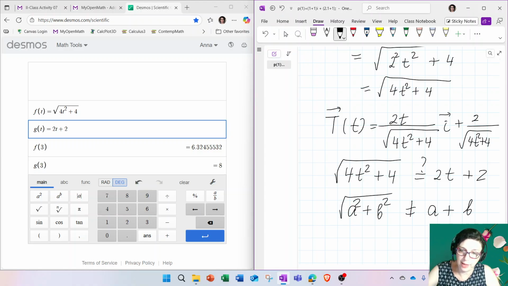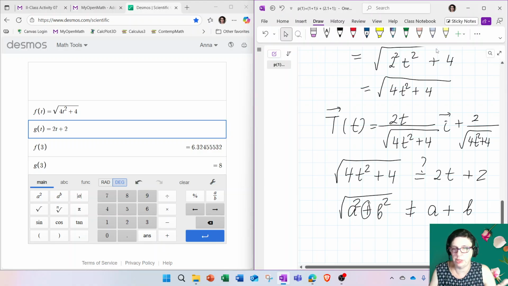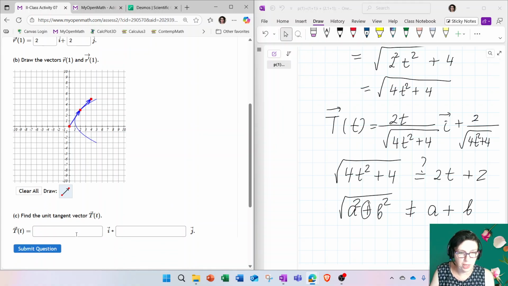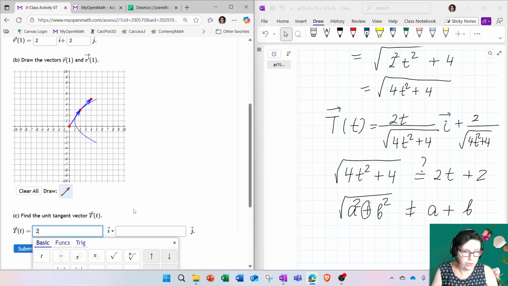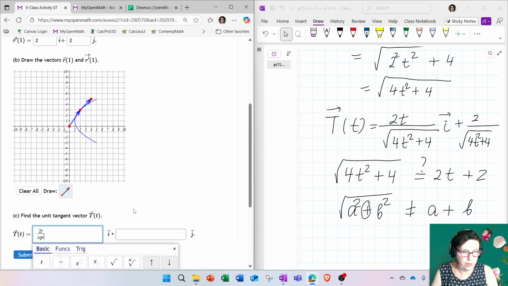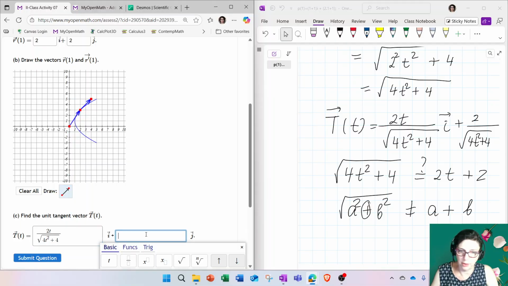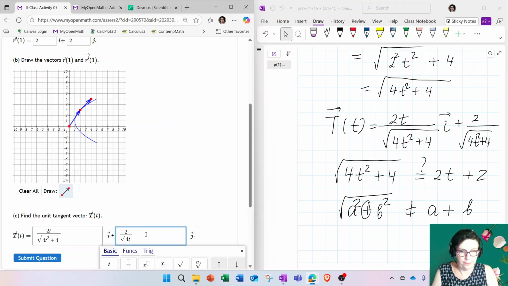If this was multiplication, you could say that the square root of a times b is the square root of a times the square root of b, assuming they're positive. But if it's plus, nope, it doesn't work that way. So please do not try to do something that is not correct, and check it on the calculator to see if it's right.